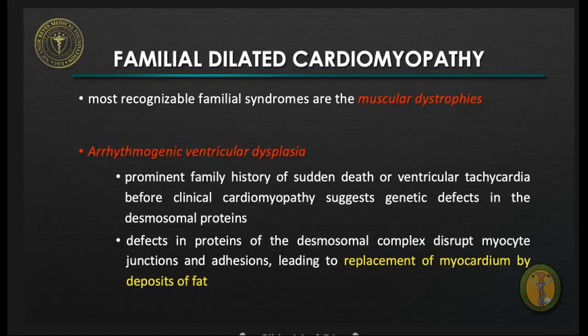This suggests genetic defects in the desmosomal proteins. Defects in these proteins of the desmosomal complex disrupt myocyte junctions and adhesions, which lead to the replacement of myocardium by deposition of fat.